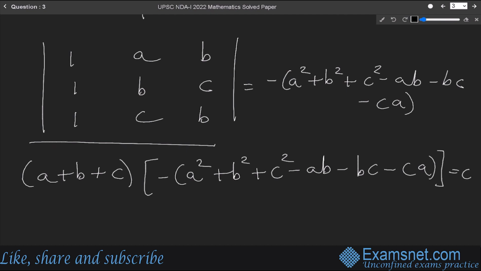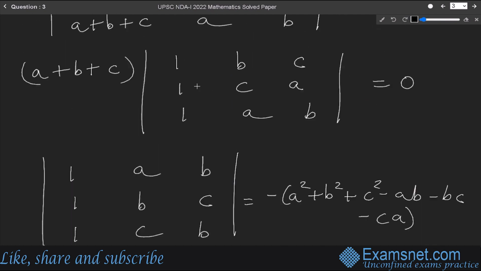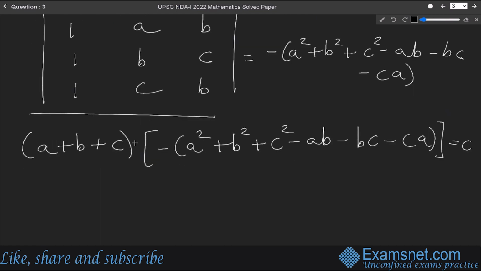It is equal to 0. As you can see here, the determinant was equal to 0. I have replaced the value of this part by this form. So now I get A plus B plus C into minus of A square plus B square plus C square minus AB minus BC minus CA. Both are equal to 0.